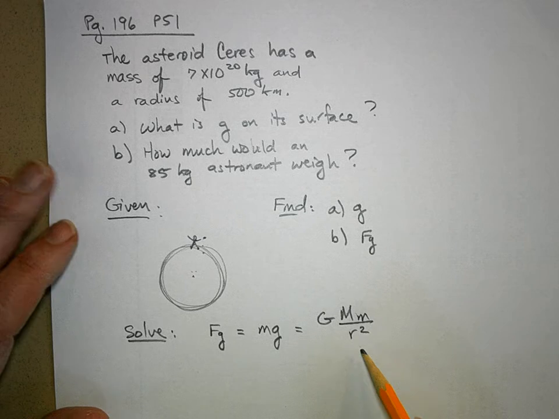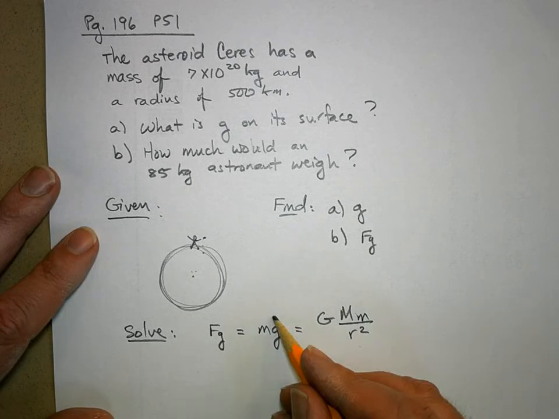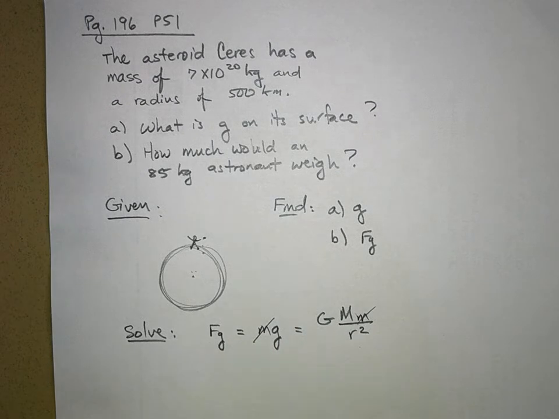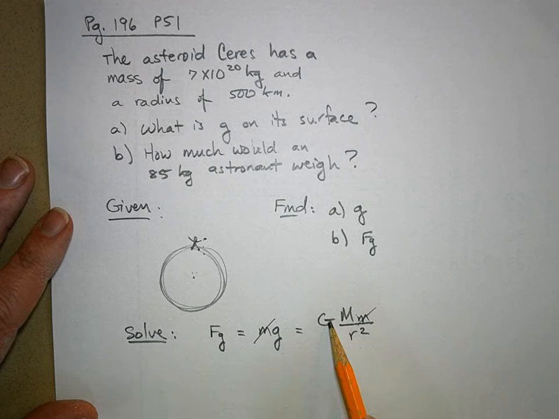And this is really just the radius squared. And look, the mass of the astronaut doesn't matter. It cancels out. So this allows us to solve for g. So all I have to do is plug these in, and I'll get it.